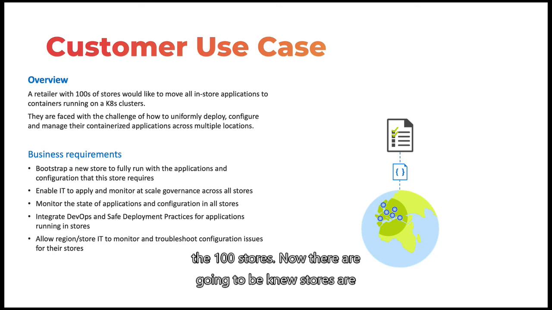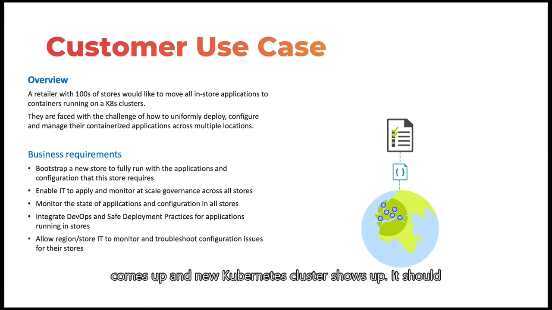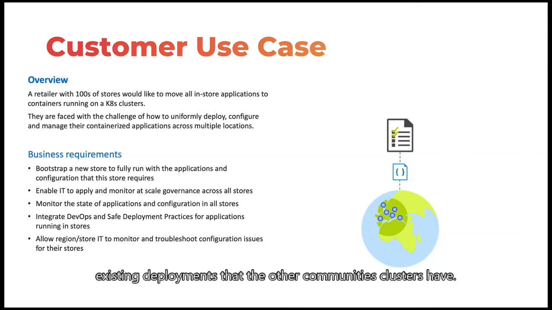Now, there are going to be new stores that are going to get added, and as soon as a new store comes up and a new Kubernetes cluster shows up, it should automatically inherit some of the policies and some of the existing deployments that the other Kubernetes clusters have.